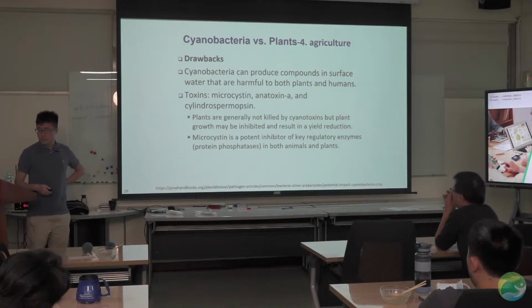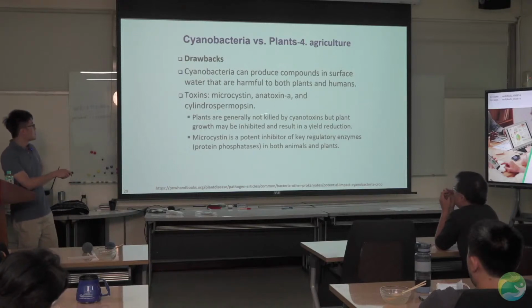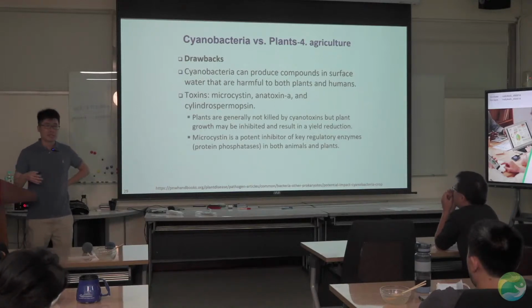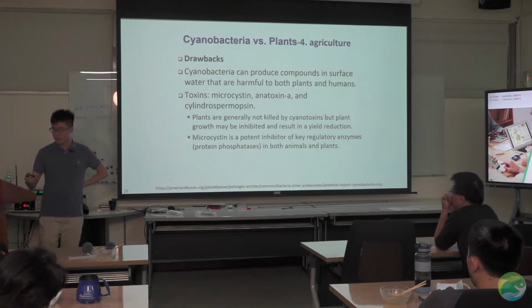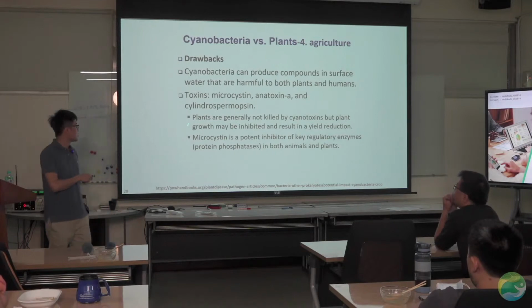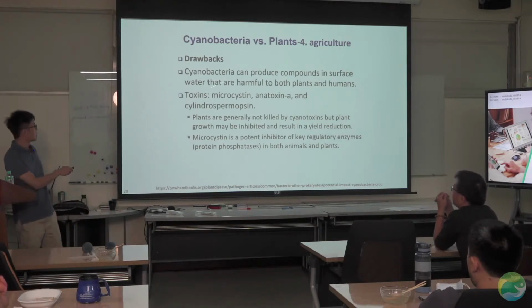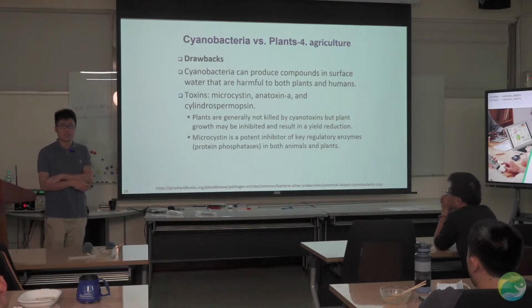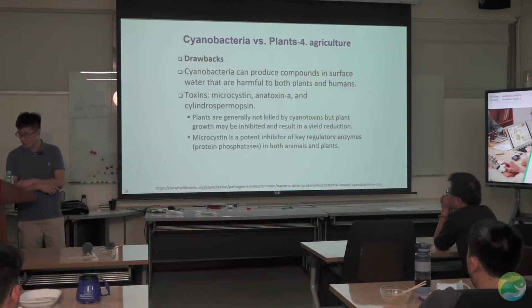So when you use that cyanobacteria, they produce toxins and provide that in the field for plants or crops, that might kill your plants. And microcystin is a very famous toxin produced by some species of cyanobacteria.